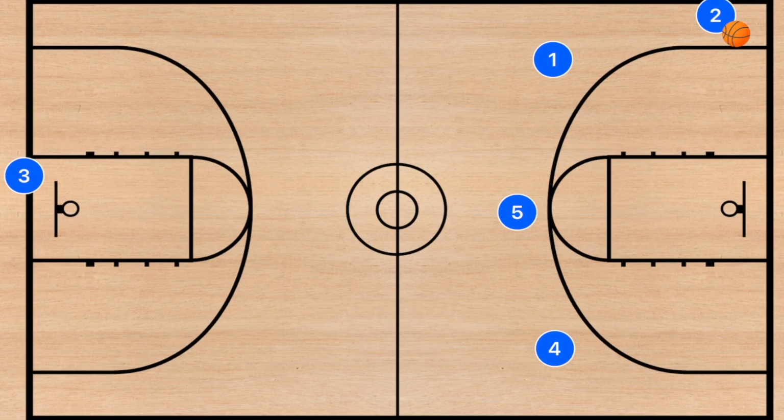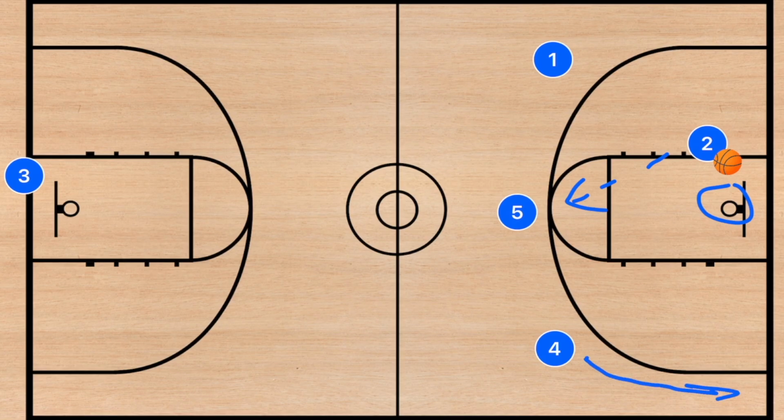Now player 2 has the option to drive or to kick to player 1. If player 2 drives, now he can either score or he can kick the ball out to player 5. And I would like player 4 to be relocating down to the corner, as he would be another option as well. Player 2 could also pass to player 1, but that's an extremely hard pass to make.